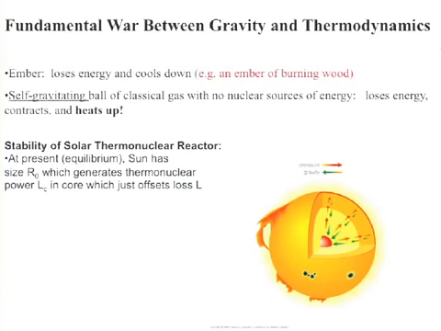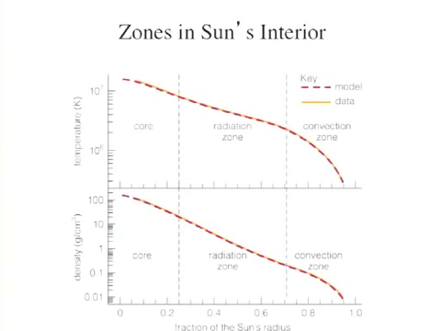Now, if you want to know the temperature and luminosity in the interior of a star, you have to solve the equations that it satisfies. These equations are differential equations. They're very well known, and they have been solved for 100 years, or nearly 100 years.